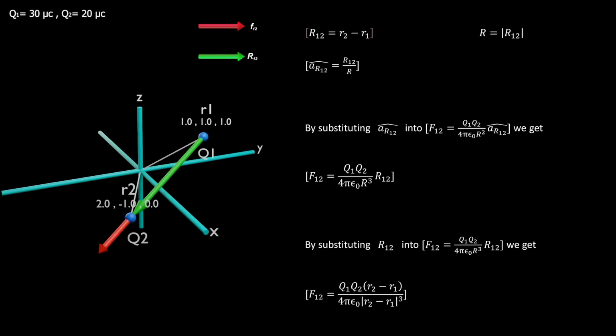And the unit vector AR12 is equal to R12 divided by its magnitude.